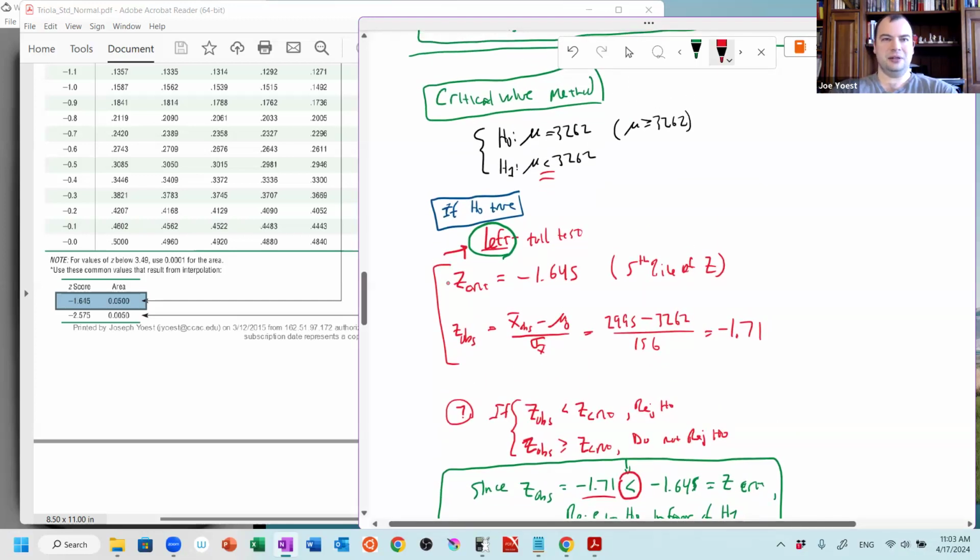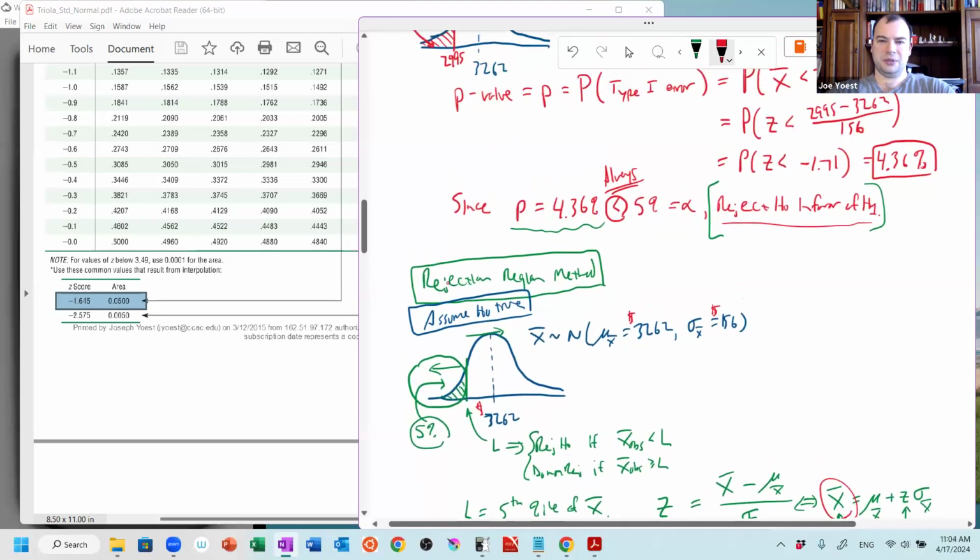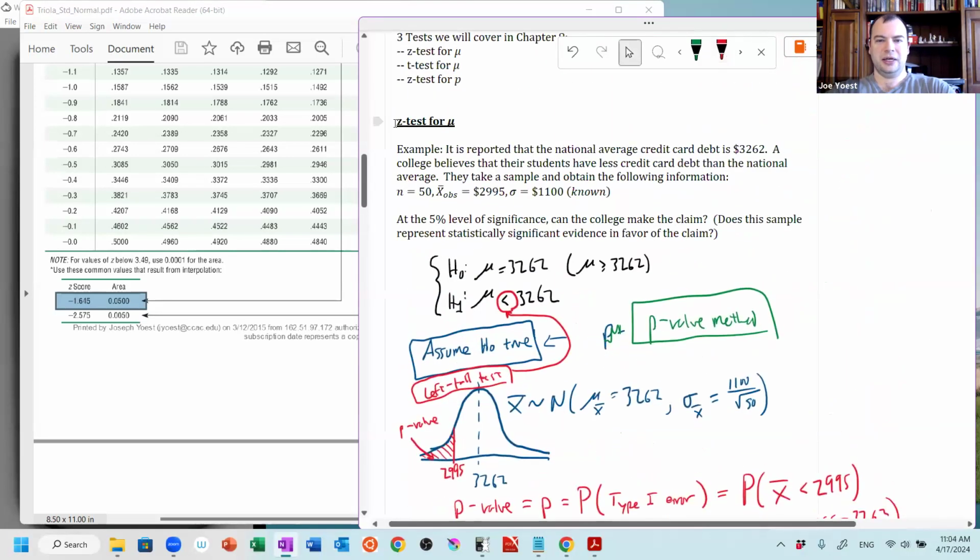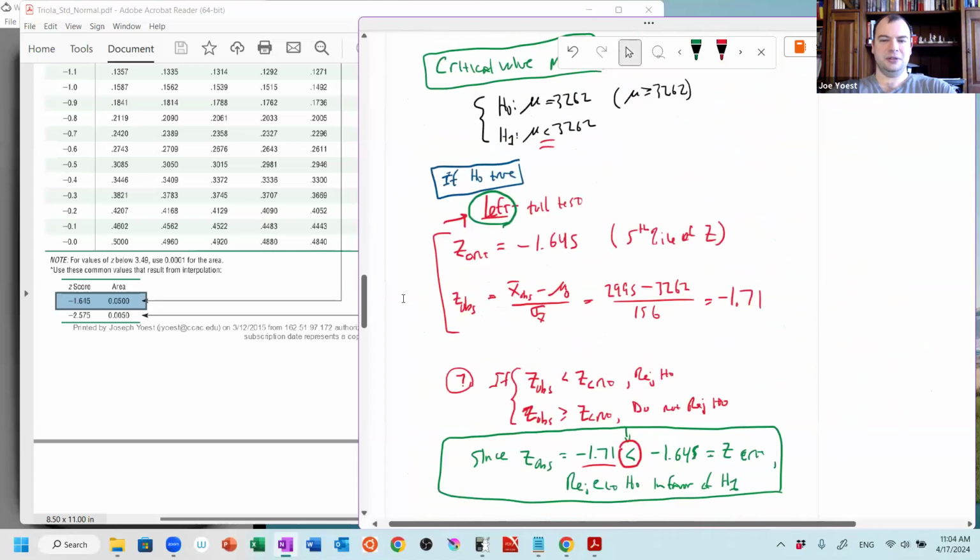We might see that a little bit when we talk about the t-test for the mean, but we'll see it even more when we talk about some things at the end of the course, like ANOVA or goodness of fit or independence tests. That's where the critical value method really shines. As far as the types of problems we'll be doing in, say, the z-test for mu, it's probably a toss-up between the three methods.